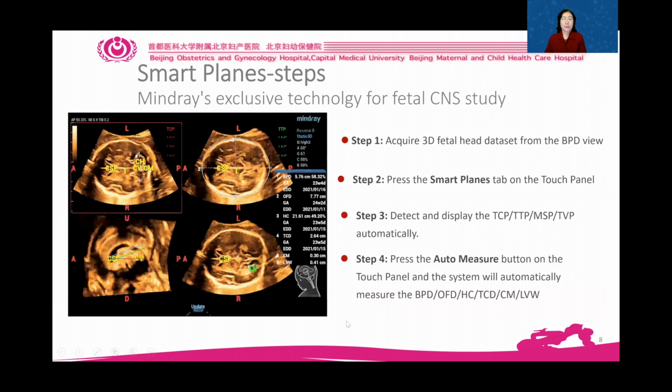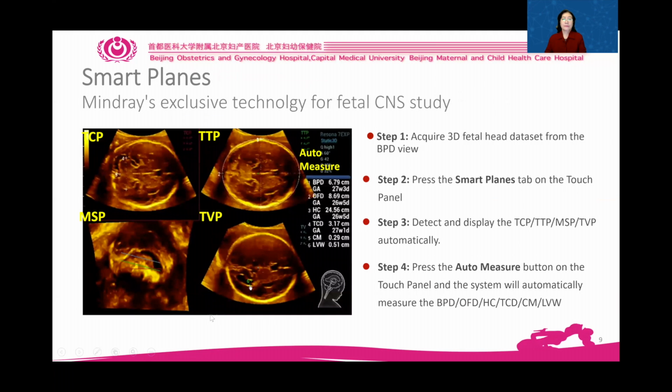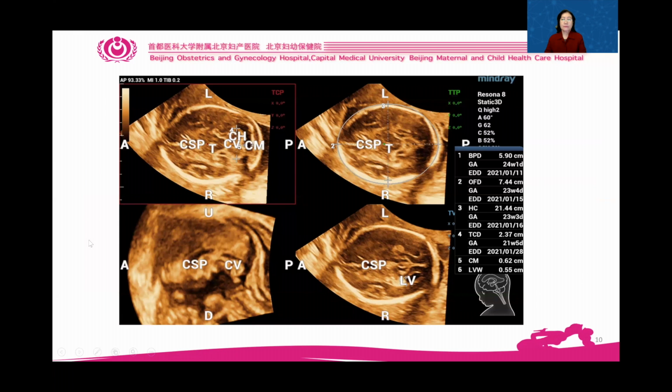It's easy to use. The TCP, TTP, MSP, TVP, we can get the values here very easily. These 6 measurements are automatically obtained.